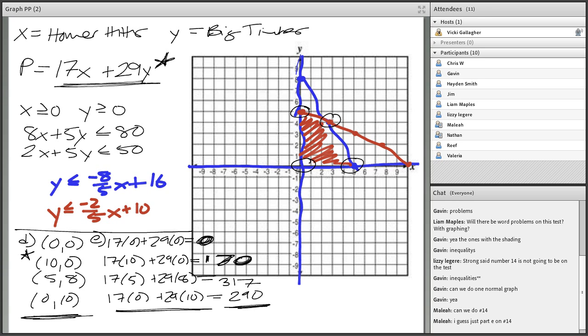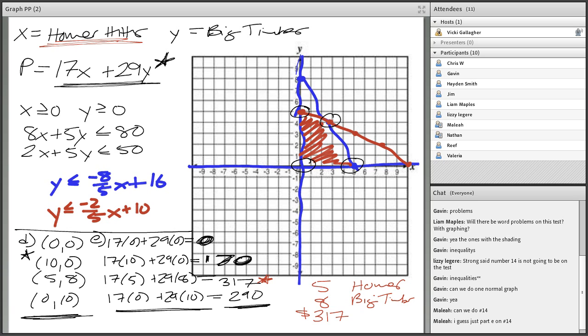In problem 14, since we're trying to maximize our profit, we choose the one that gives the biggest answer, which is 5 for X. Earlier we said X was Homer Hitters, so 5 Homer Hitters, and 8 for Y, the Big Timbers. It gives us a maximum profit of $317.